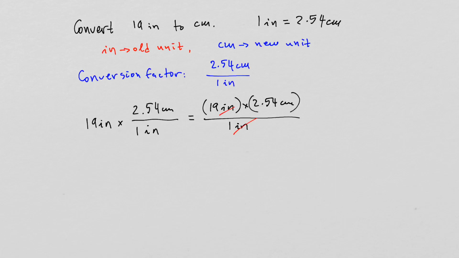And so what I'm left with is 19 times 2.54 divided by 1, and what's left is the new units, centimeters. And now let's calculate the final result, and that is 48.26 centimeters.